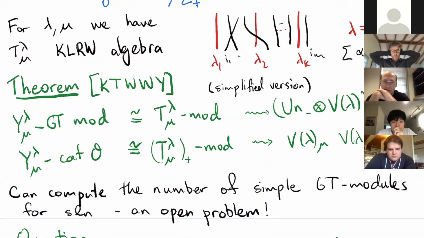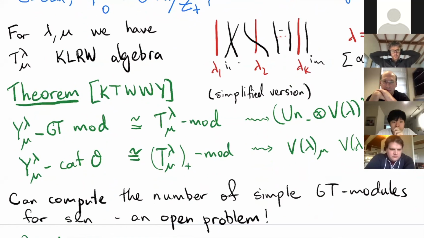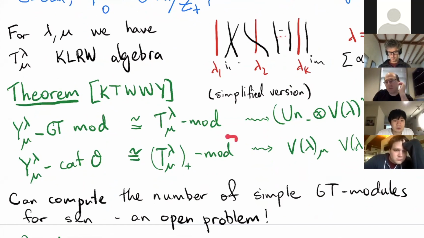Can I just ask, when you say categorifying in the first case, in the Gelfand-Tsetlin case, do you mean there is a true representation or something like that? Yeah, sorry, I should say. In this case, we really have a good structure of a 2-representation. We have functors E_i and F_i, which are bi-adjoint to each other, and so on. In this case, we don't.